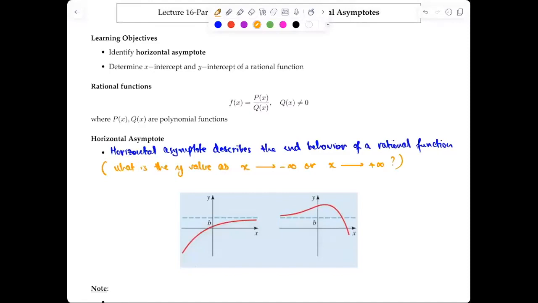All right. So you have a couple of situations here to determine the horizontal asymptotes of rational functions. In this case, as x approaches positive infinity, the y value approaches b. You with me? In the second case, as x approaches negative infinity, y approaches b. Okay, so that's the end behavior of the rational function.